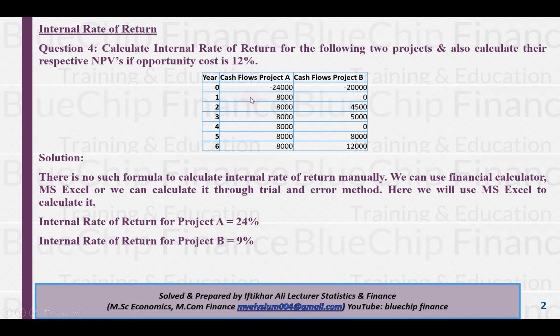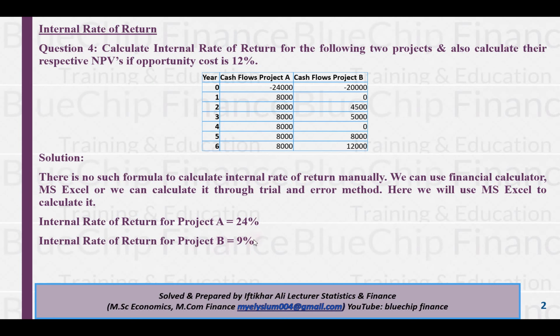loss oriented, and in case B your internal rate of return is 9%, which means that at 9% your net present value for project B will become 0, and if the interest rate is less than 9%, it will become profitable.